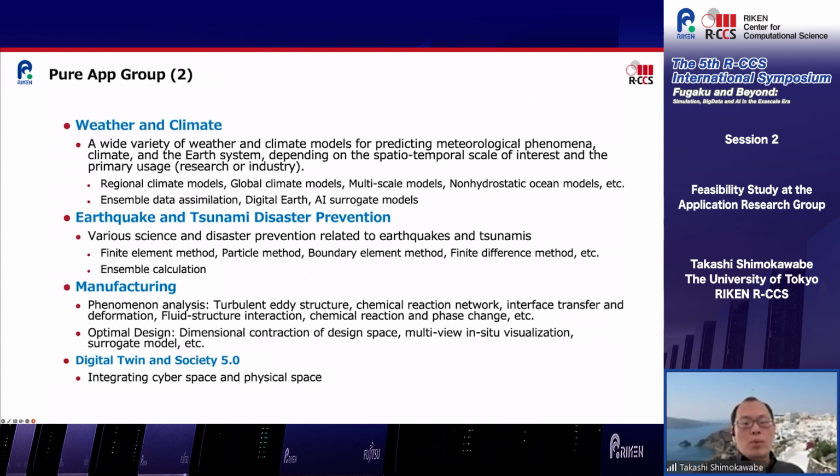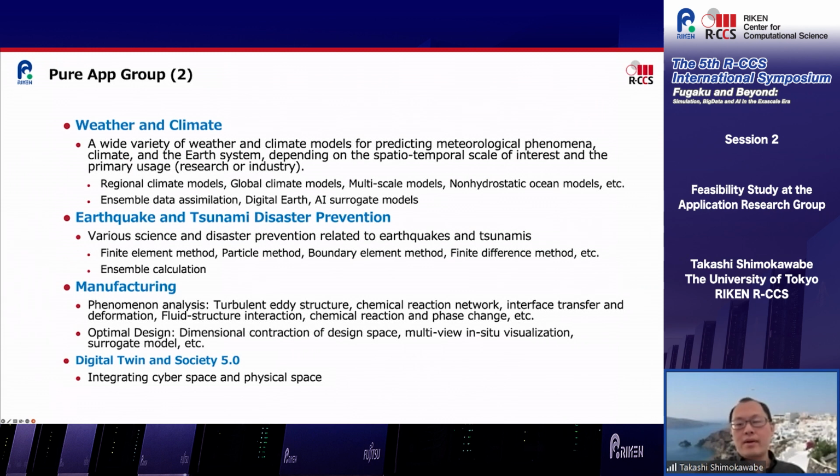In the weather and climate subgroups, they cover a wide variety of weather and climate models for predicting meteorological phenomena, climate, and the Earth system.